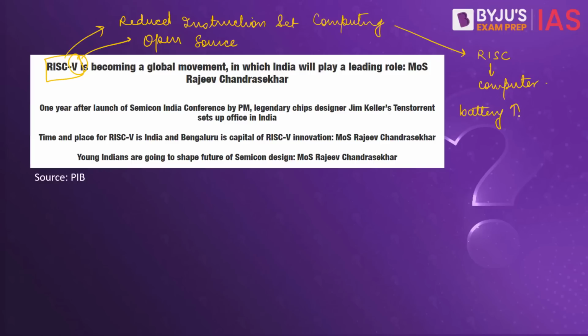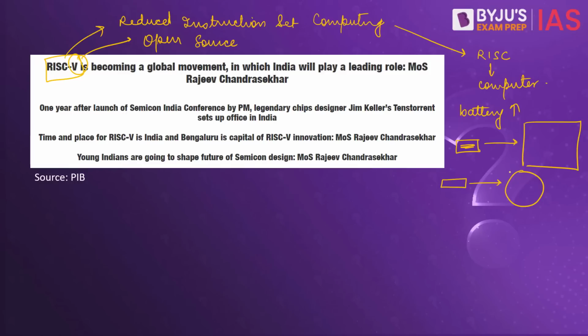Now, a simple analogy here: RISC is using a small set of instructions to develop a robust computer. Think of a chef who can use very simple ingredients to develop a very complex meal instead of using many complex ingredients that take a long period of time to prepare.